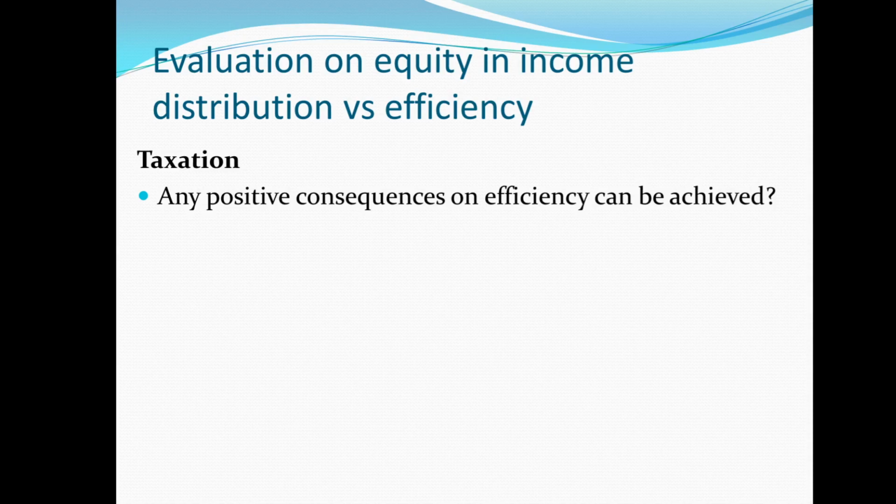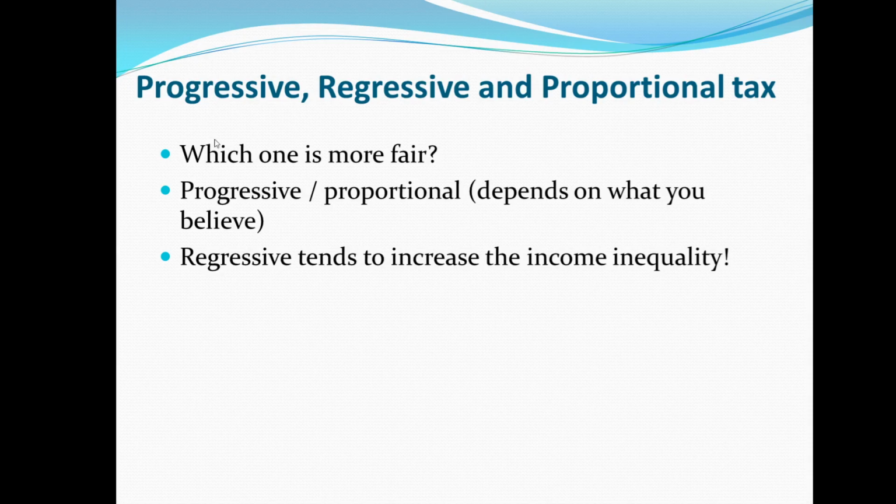Oh yeah, I just remembered what I wanted to say about which one is more fair. Adam Smith believed that proportional tax is more fair. That's what he believed in, because he believed people should pay the same proportion out of their income.